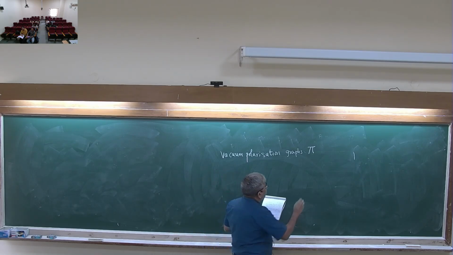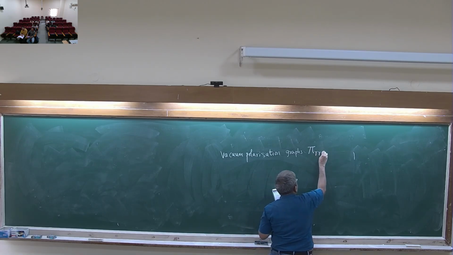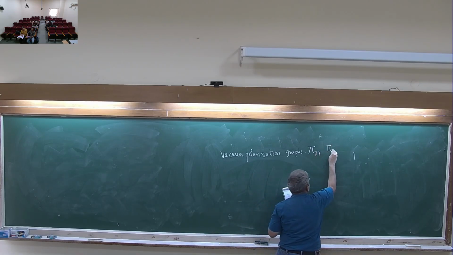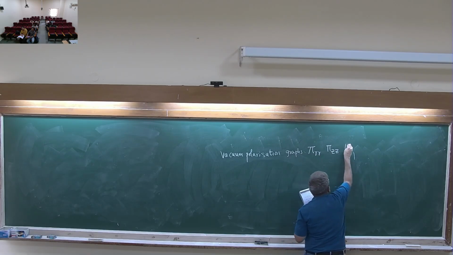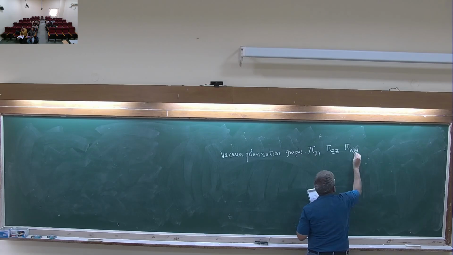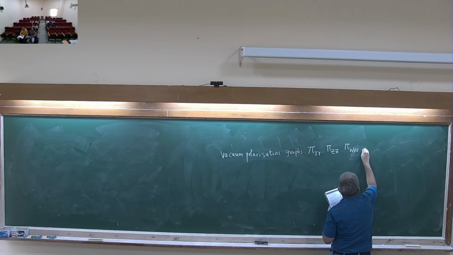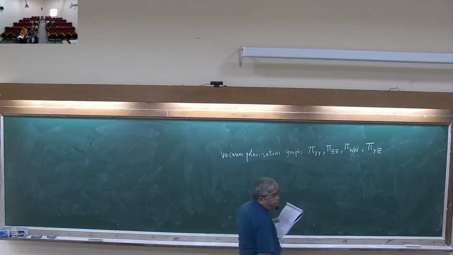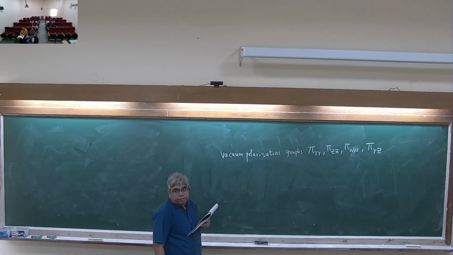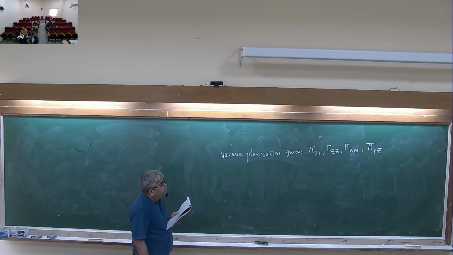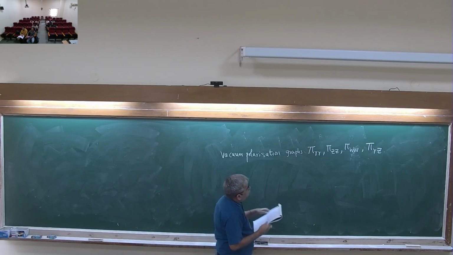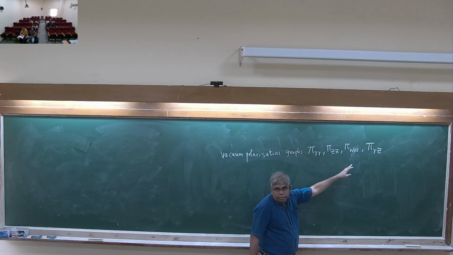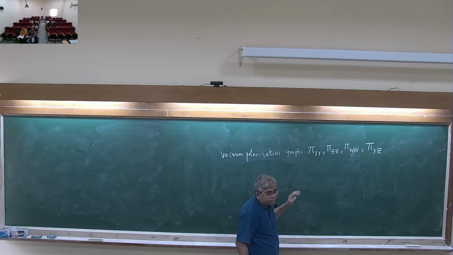So you have pi's: gamma gamma, ZZ, WW, and then pi gamma Z. These are momentum independent vacuum polarization graphs.